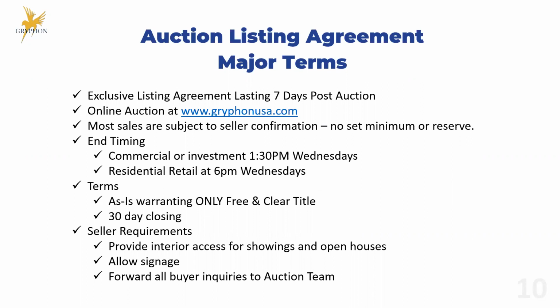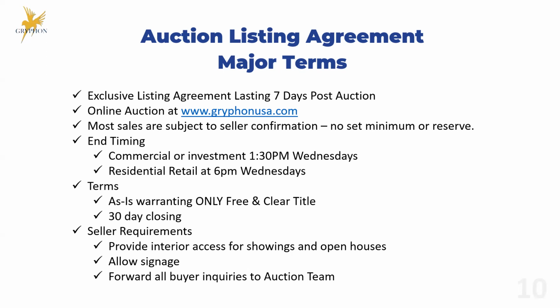Once the auction is completed, if we're not in contract with somebody in 1 to 2 days, the chances that we're going to get into contract with them diminishes every single day. So we don't keep that listing agreement active past 7 days post-auction.